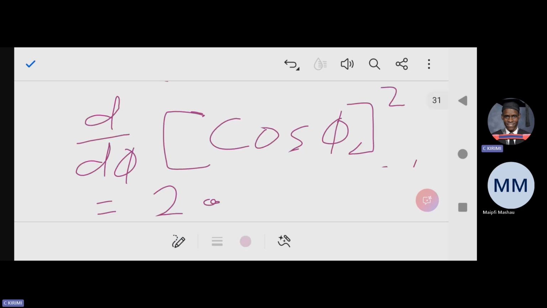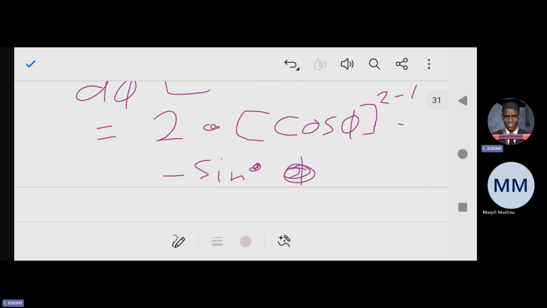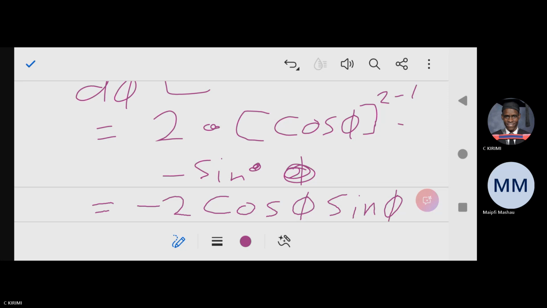Then multiplied by the derivative of what is inside the bracket. What is the derivative of cos? Minus sine, so multiplied by minus sine phi, not x. The cos to the power 2 minus 1 just gives cos to the power 1. So the answer becomes negative 2 cos phi sine phi.